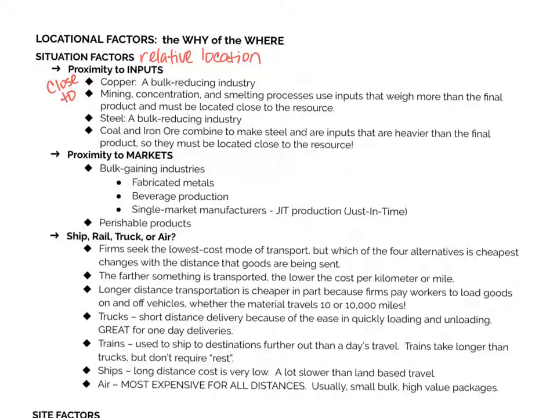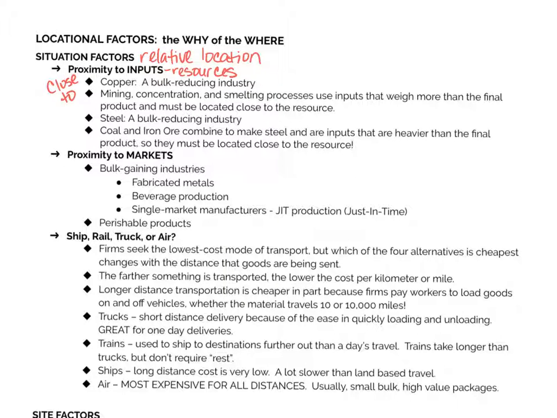And if you're a factory, producing something, what are your inputs? Like what do you bring in? Resources. So your inputs are your resources. Now we've turned proximity to inputs into: am I close to my resources? That's what you're considering.